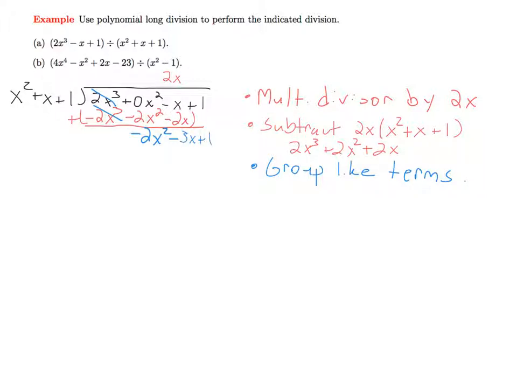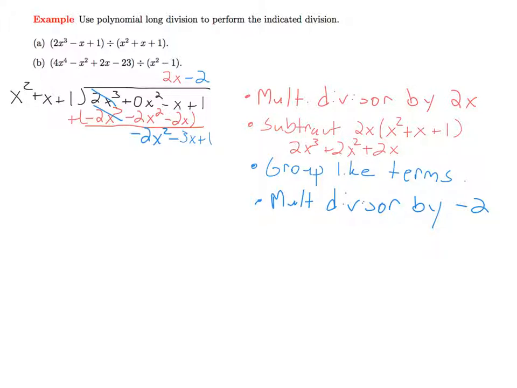And now we ask, what do we need to multiply the divisor by in order to cancel the remaining polynomial? The leading term here is minus 2x squared, and the leading term here is x squared. So now we're going to multiply the divisor by minus 2. And let me put that up on top here.